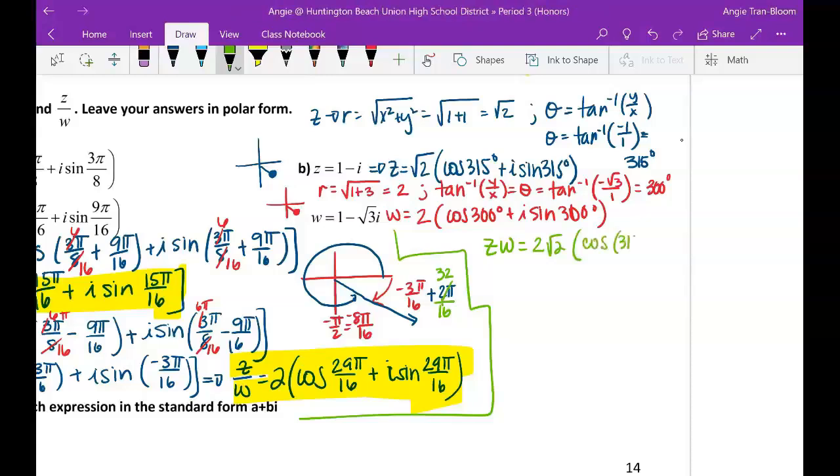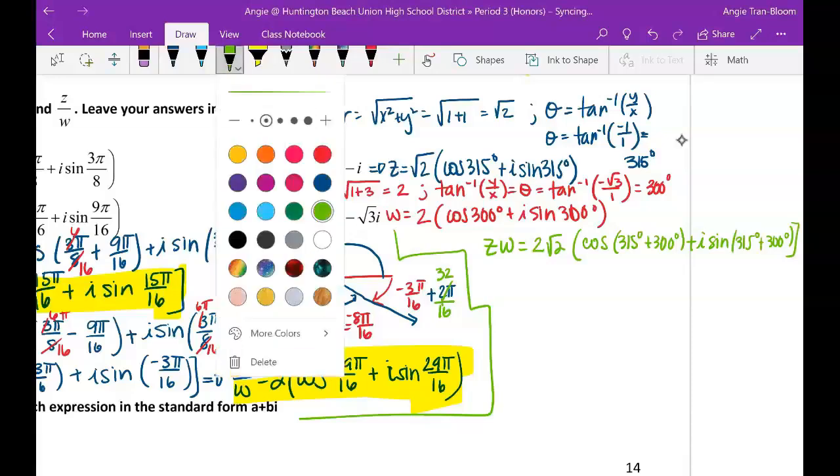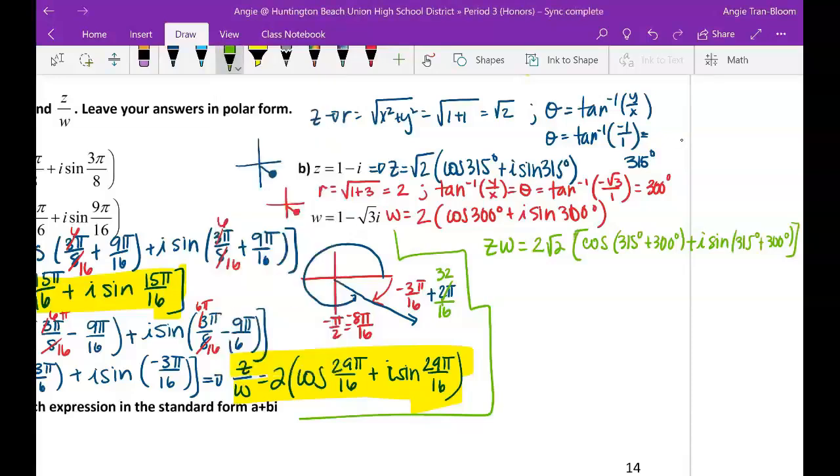So cosine of 315 plus 300, plus i sine, same thing, 315 plus 300. Because this problem did not start out in radians, you can just put it in degrees. But if it starts out in radians, then you keep it as radians.